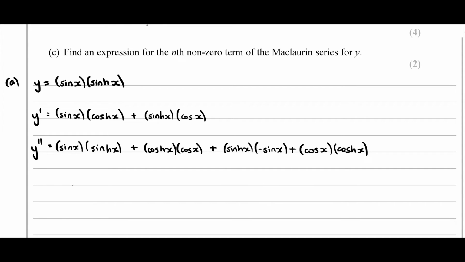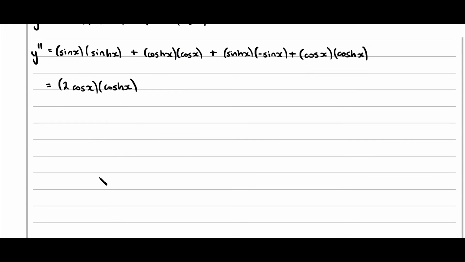And if we simplify all this, we end up with 2 cos x times cos x. Now, for the third derivative, we have v, which is 2 cos x, multiplied by u dash, which is sin x.